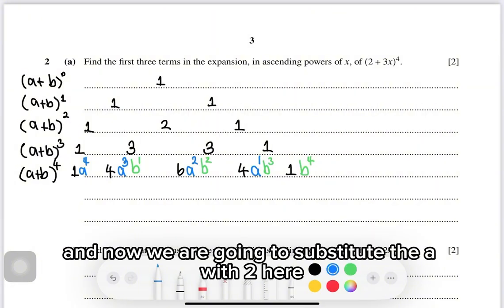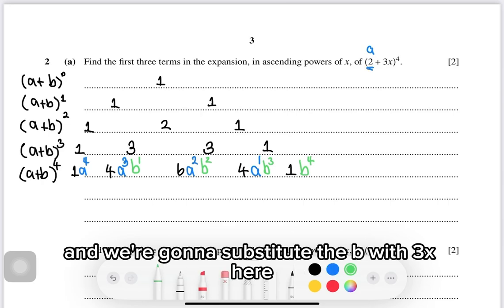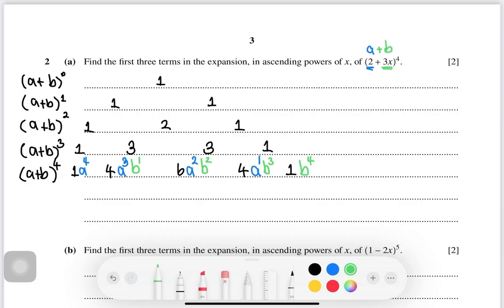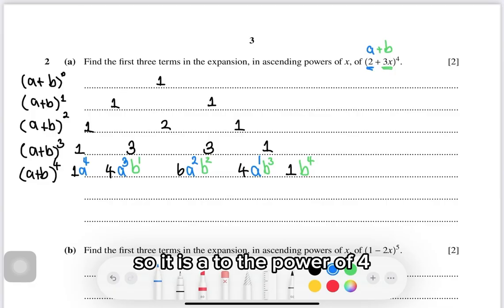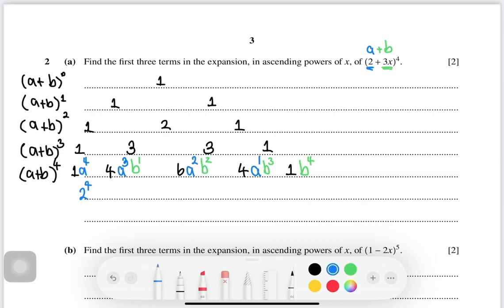And now we're going to substitute a with 2 here, and we're going to substitute b with 3x here. So the first term is a to the power of 4, 2 to the power of 4, which is 16.